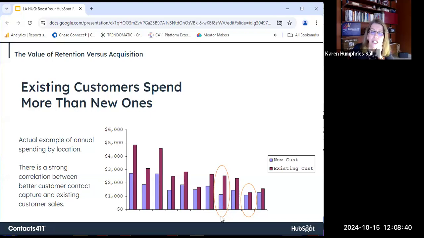Being able to reach customers matters. And so staying in touch with them matters. The difference here was $1,500 a customer, just because they had better data capture so that they could keep that data up to date and reach more customers. And my entire career, I have seen that correlation always.